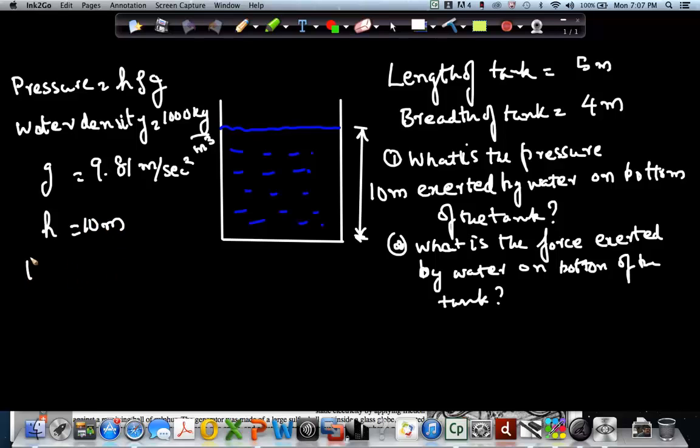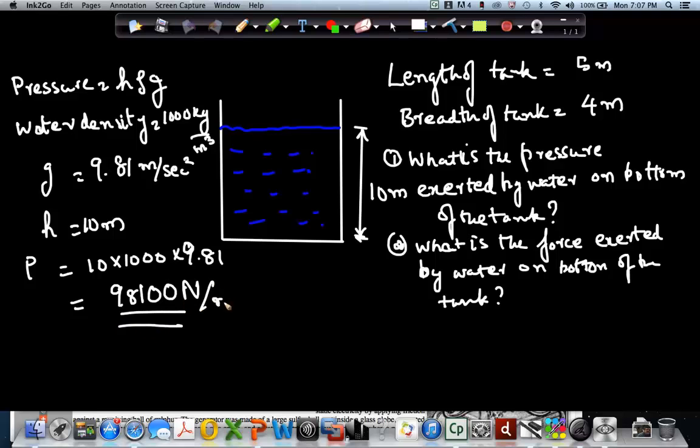So what is pressure? Pressure is equal to 10 into 1000 into 9.81, right? Which is going to be 98100 Newton per meter square.